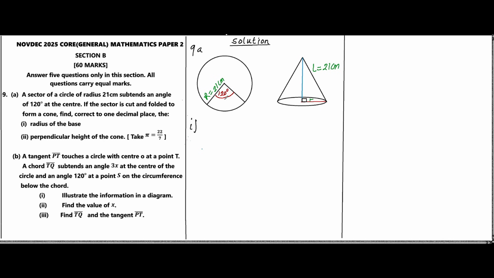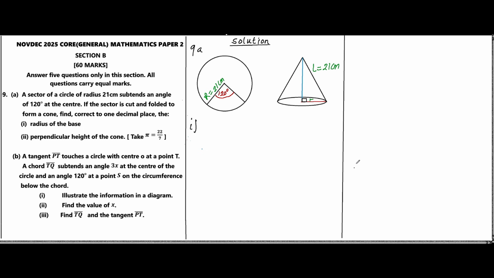Once we fold this into a cone, this length here becomes the circumference of the circular base. The length of this arc becomes the circumference of the circular base. So there is a relationship between the two.